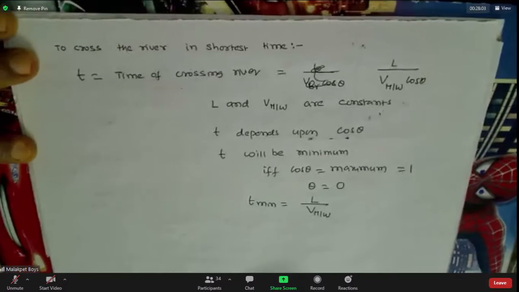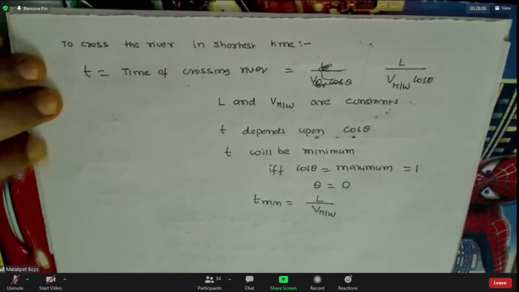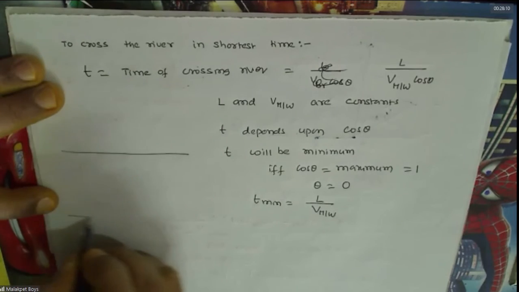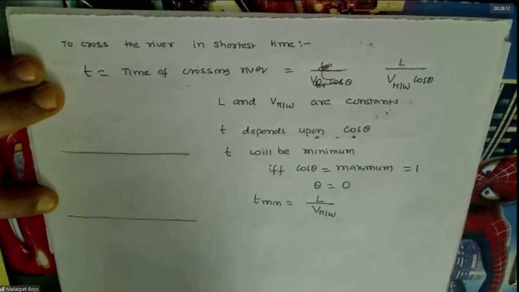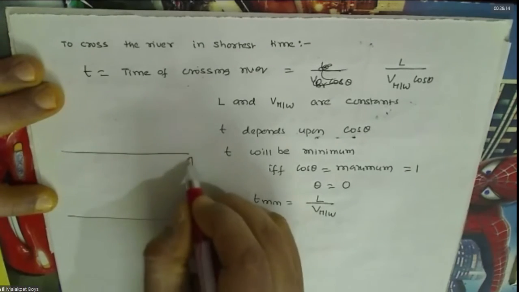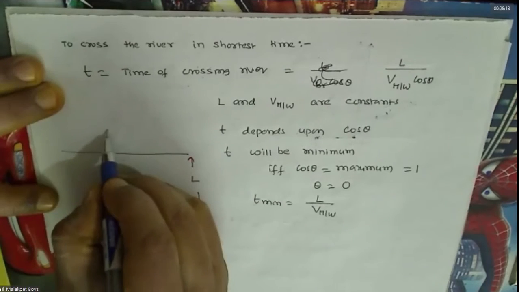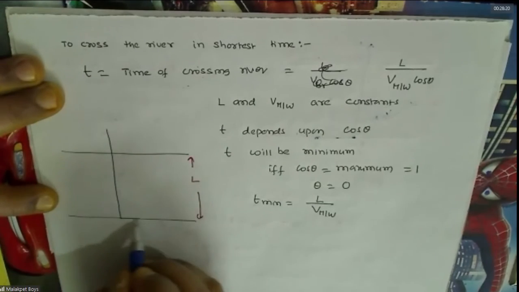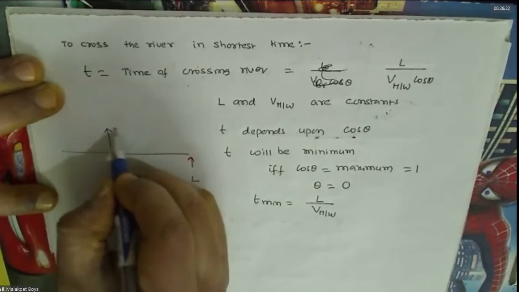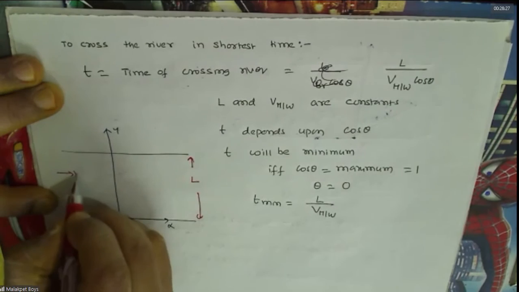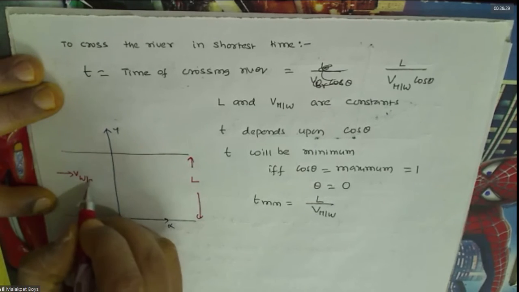Understood to this extent? Now, no doubt, he tries to cross the river in minimum time. So he should make what angle? He has to cross the river. So this is the y-axis, this is the x-axis, and this is the velocity of water with respect to ground.